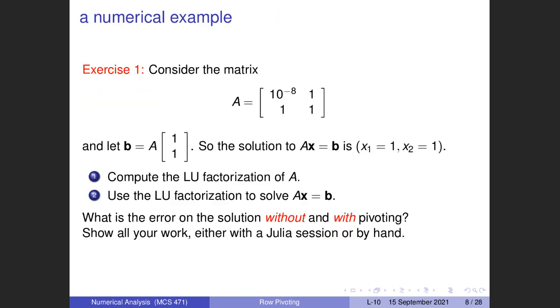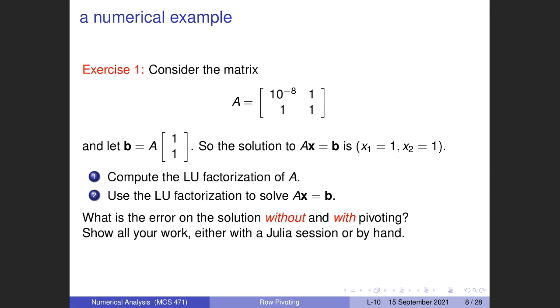All right, our first exercise is now a numerical example. If you did not really like the symbolic notations, well, let's redo everything with numbers. What this exercise asks you to do is to redo everything that was already there, but now with the epsilon equal to 10 to the power minus 8.